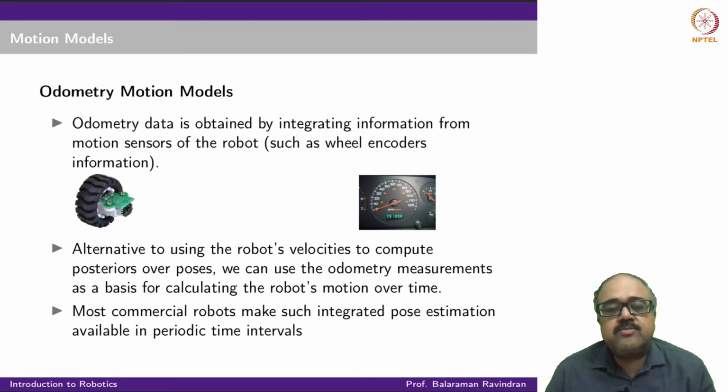So there is too much noise in that. Often the more accurate movement estimates are obtained by integrating the motion sensor information, the measurement information, rather than from just the control information. And also many commercial platforms make this kind of accumulated information available to you to make decisions on.